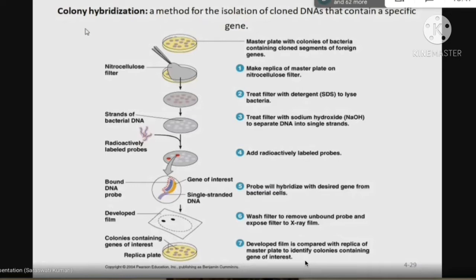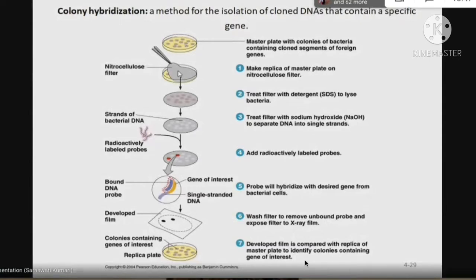So what we do, we transfer the replica of these colonies onto this membrane. We add these colonies on this membrane, but we must properly mark this, so that at a later stage we can find out which spot corresponds to which colony. So we mark this properly.